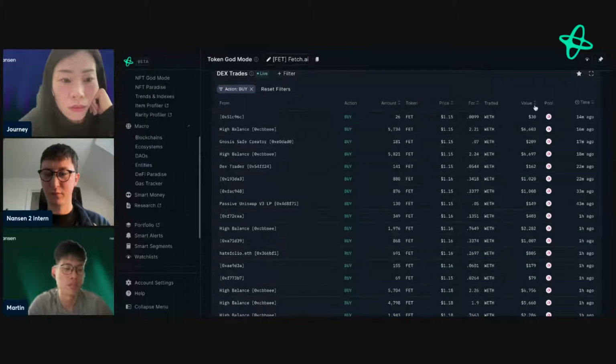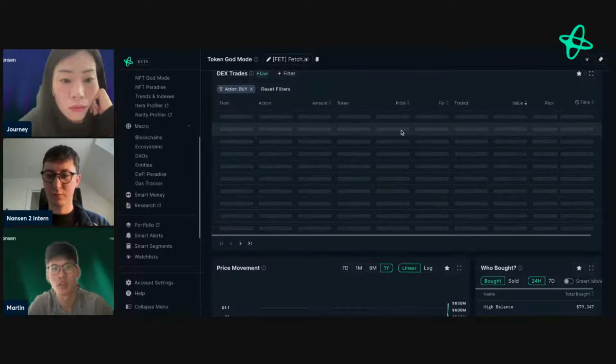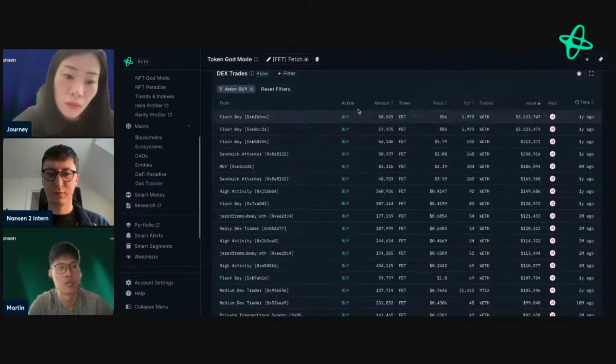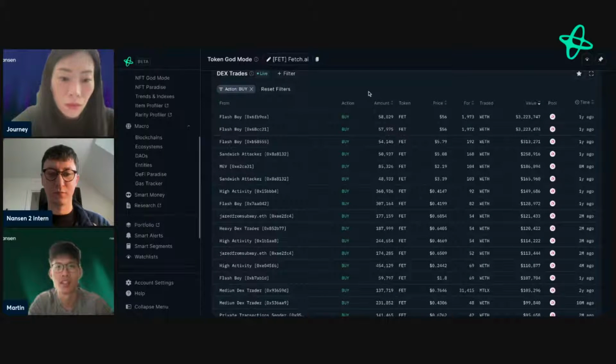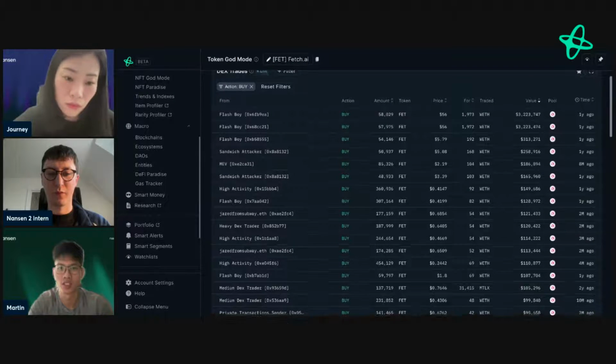So if it's down 15-20%, but I do see decent buying activity from key wallets, then it's very, very likely that I will also take a position.